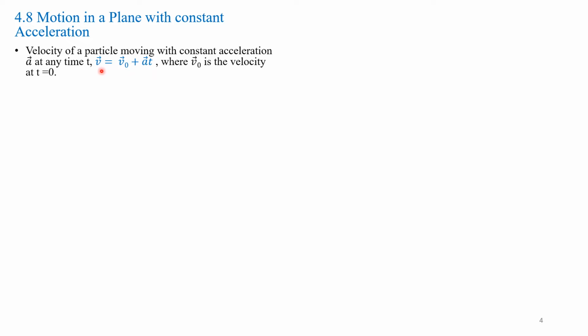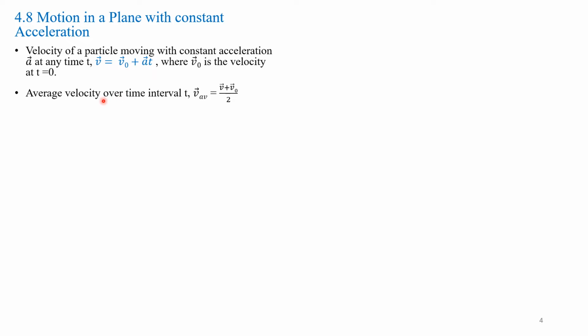This is a basic equation. Sometimes we write V equals u plus at, where instead of V naught we write u. So some books refer to it as vector u, the initial velocity. Here we have written V naught.